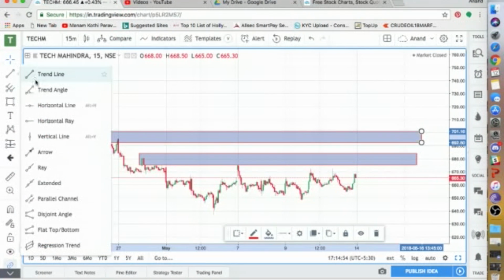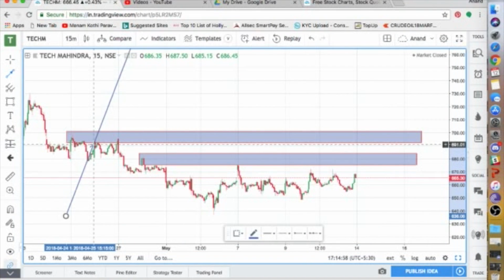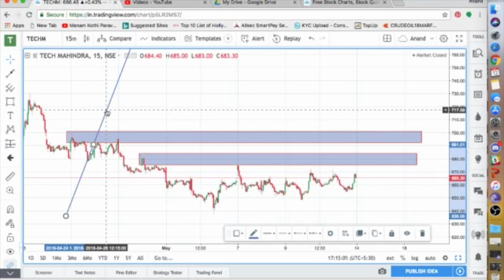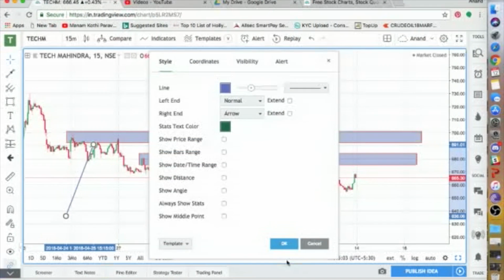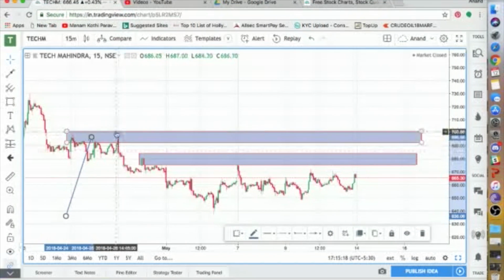So basically what I'm trying to do, if you can see here, is cover the wicks which are coming here. I know there are a few candles which have gone inside those wicks, but it would have taken resistance at this level, which is around 698, 696.